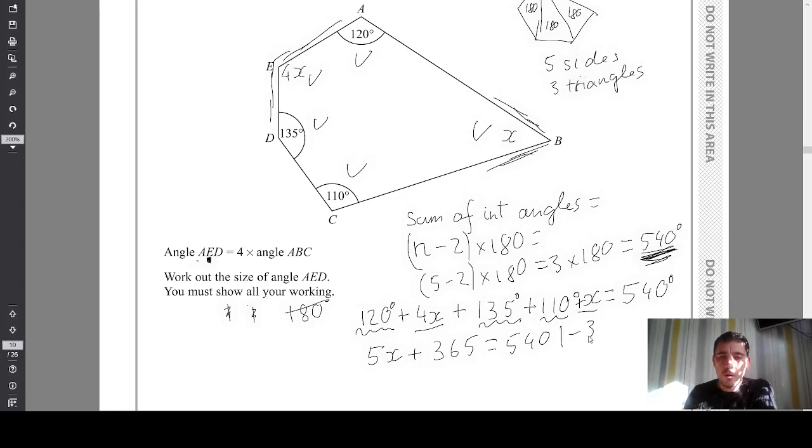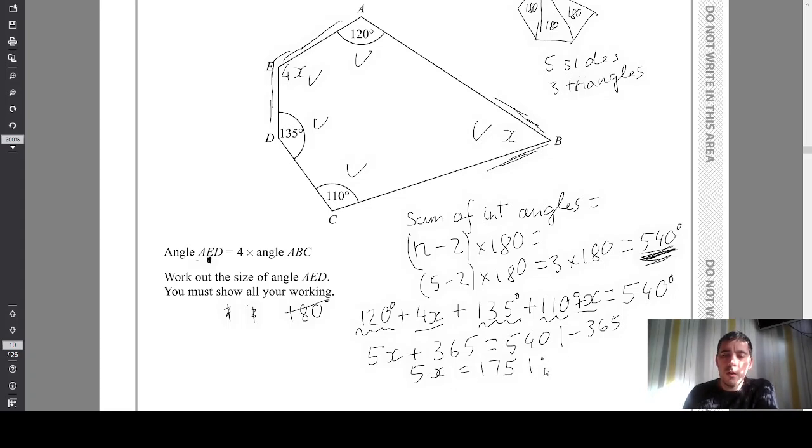So subtract 365 on both sides, get 5x equal to 175.